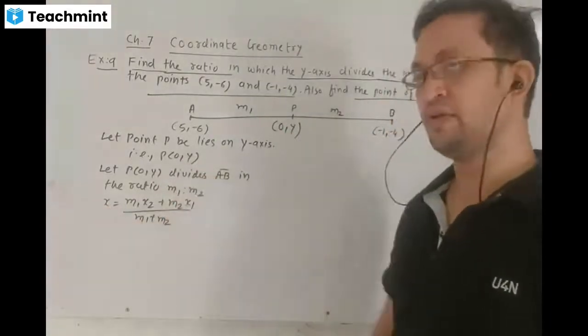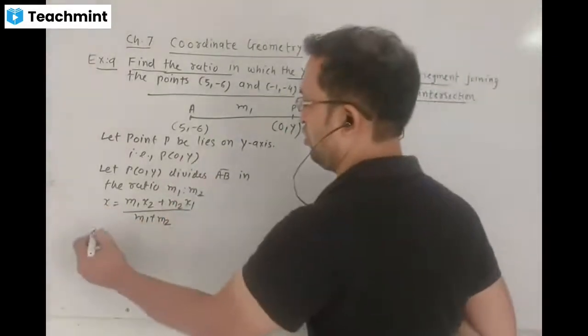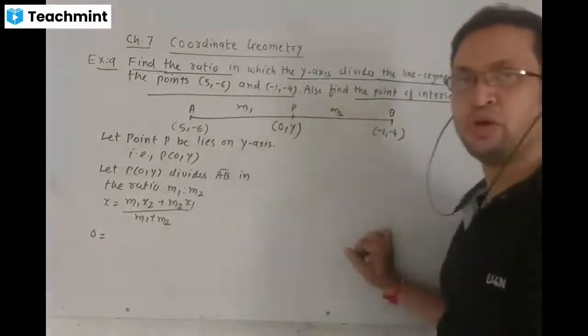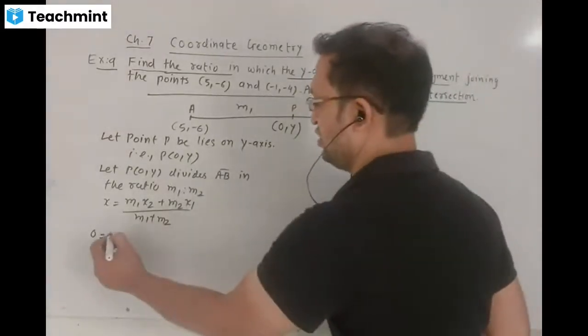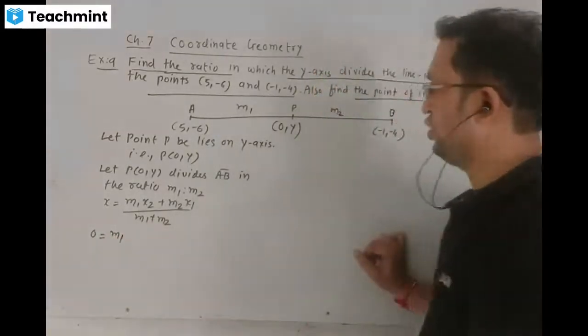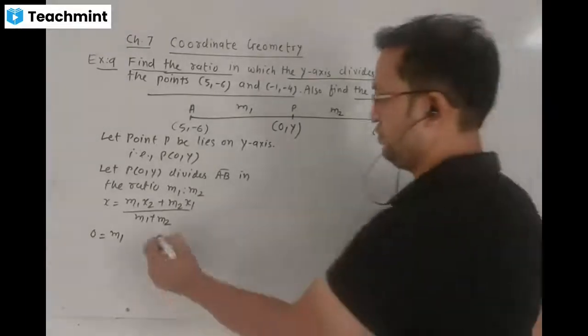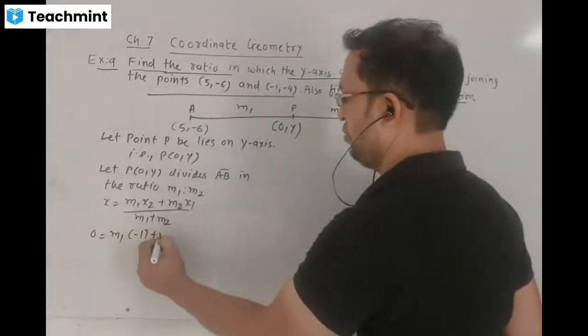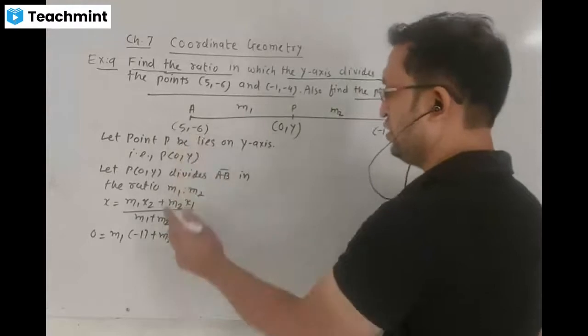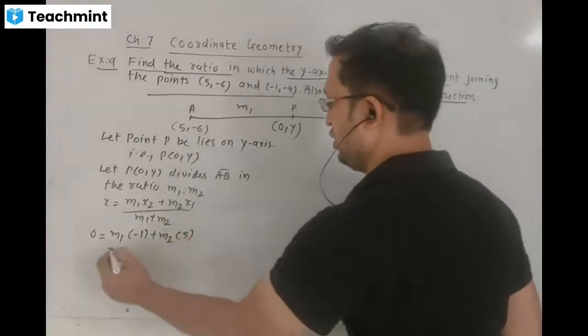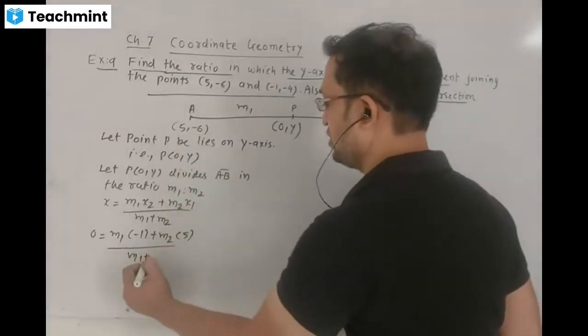Here x2 is equal to negative 1, and x1 is equal to 5, divided by m1 plus m2.